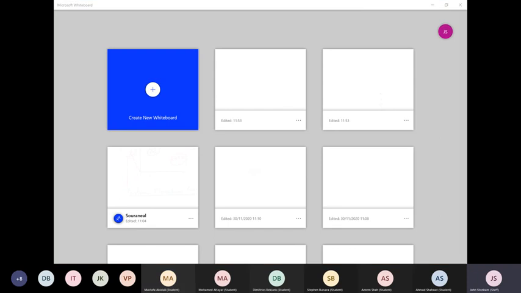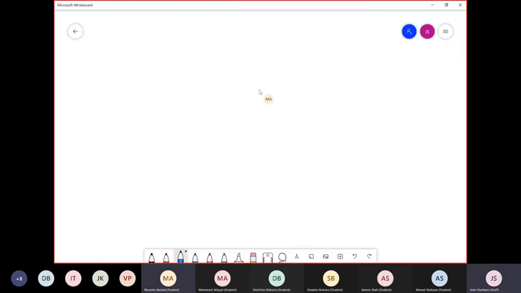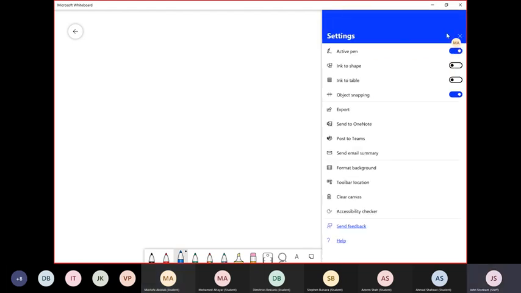Yeah, okay, allow. Your pointer's going all over the place. Settings have come up.